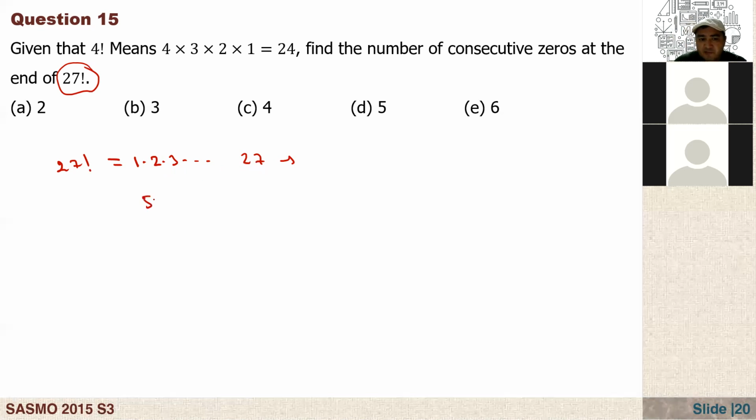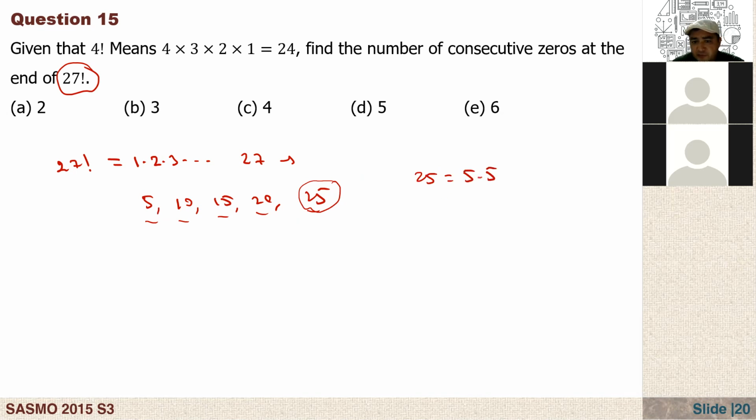We have 5, 10, 15, 20, 25. So how many? 1, 2, 3, 4, 5. But we should not forget that 25 is a power of 5. Here we have two 5s because 25 is 5 times 5. That's why if you multiply 25 by 4, for example, we will have 2 zeros. So here we have 1, 2, 3, 4, but here we have 2 more zeros. So how many zeros? It is 6.